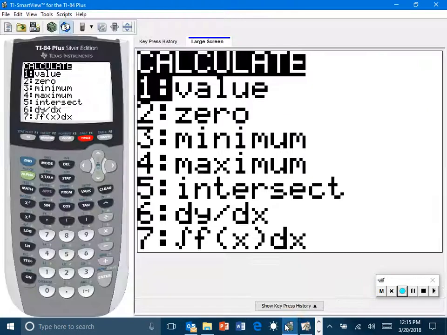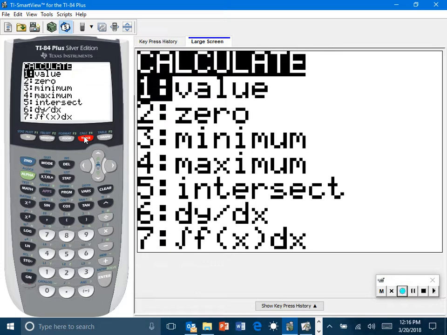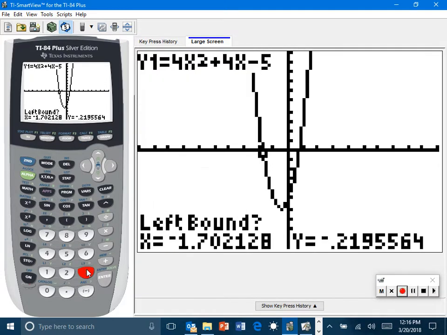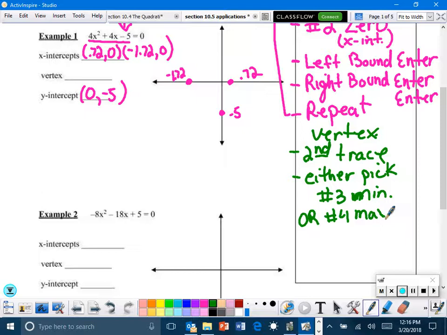Whoops, wrong thing there. Okay, here's the graph. You can see this vertex down here is at the bottom. That is a minimum. Okay, so when I do second trace, I'm going to want to pick number 3, minimum, or number 4, maximum, depending upon what the parabola is doing.